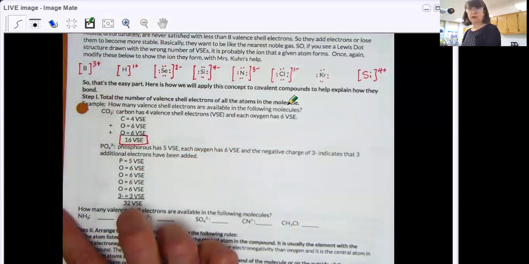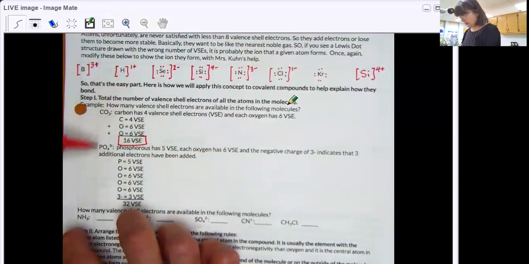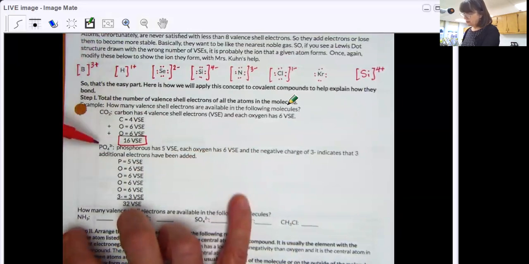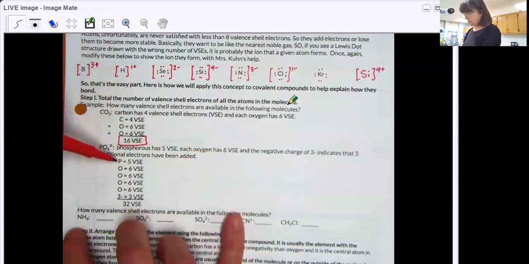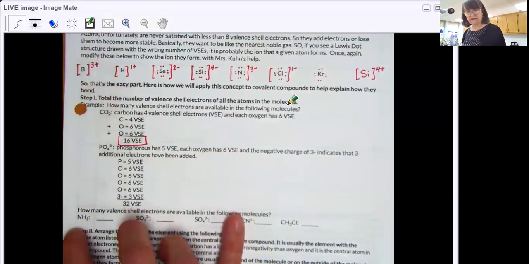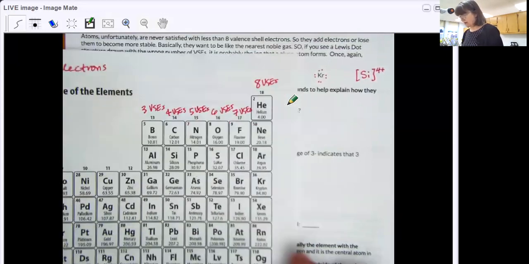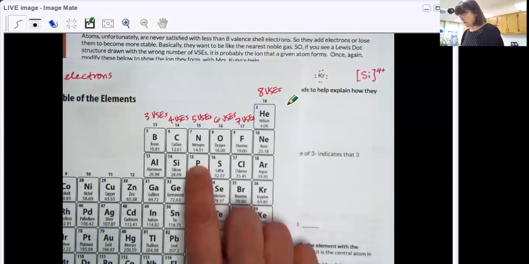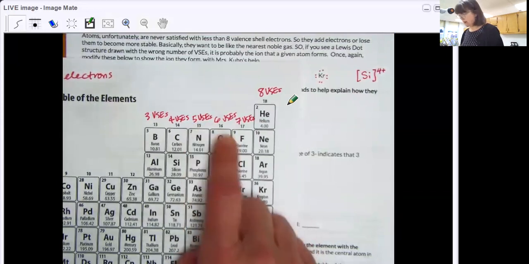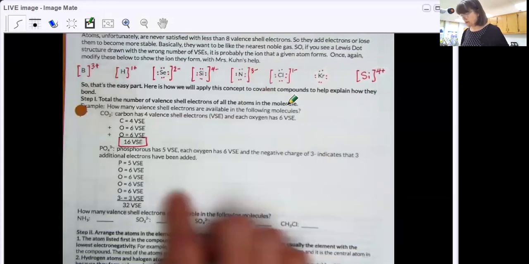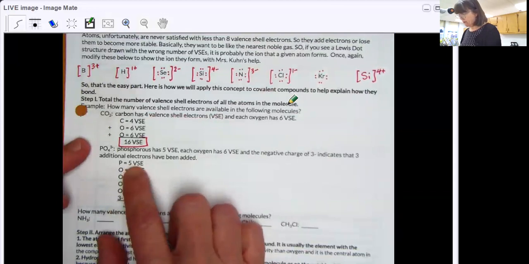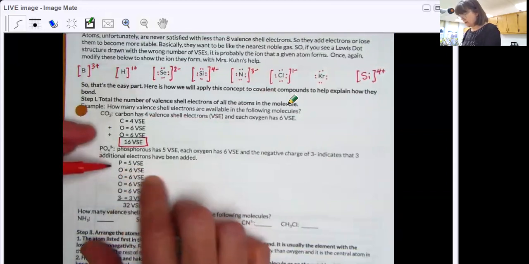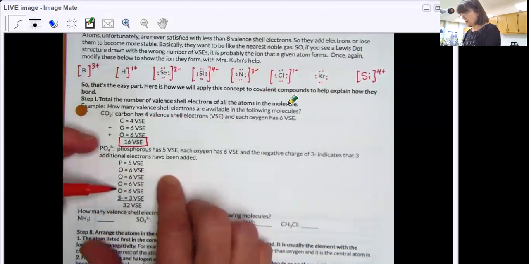Phosphate is one of the polyatomic ions we've been dealing with. It's got a phosphorus and 4 oxygens. So the phosphorus is below the nitrogen, so it's going to have 5, just so I can reiterate where I'm getting that from. Phosphorus is in the 5 column. My oxygens are in the 6 column. So I'm showing 5 from the phosphorus, 6 from each of the 4 oxygens.